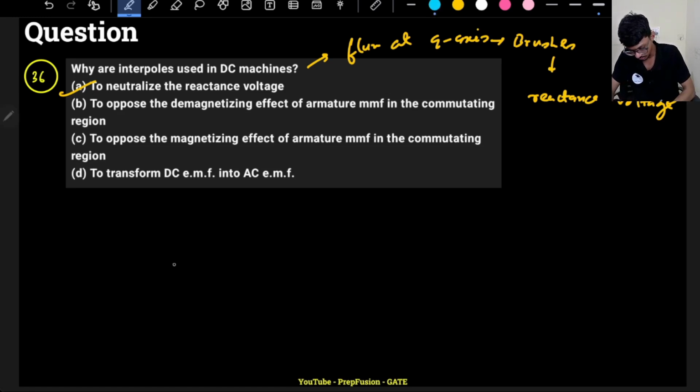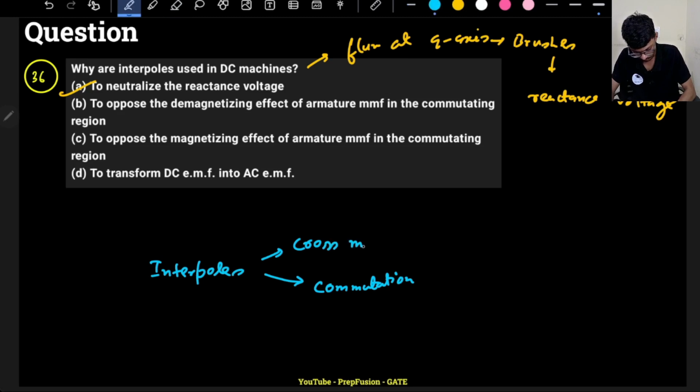So interpoles mainly help in the commutation, and commutation basically means it mainly nullifies the cross magnetizing armature reaction. So it will mainly nullify the cross magnetizing armature mmf.